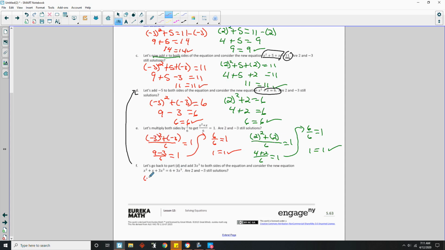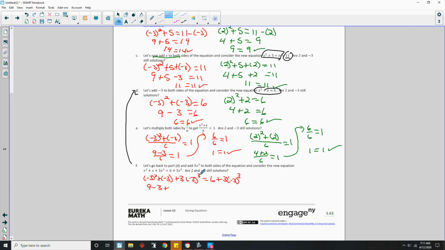So it's going to be negative 3 squared plus negative 3 plus 3 times negative 3 cubed equals 6 plus 3 times negative 3 cubed. Negative 3 squared is positive 9 minus 3 plus, and then I do the parentheses first.